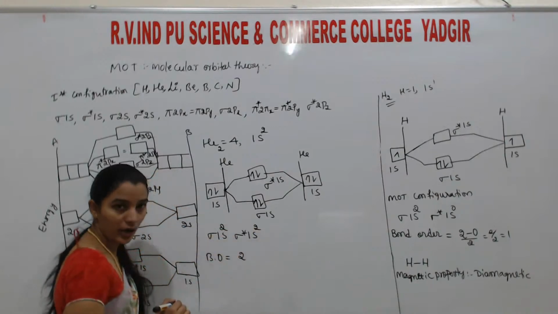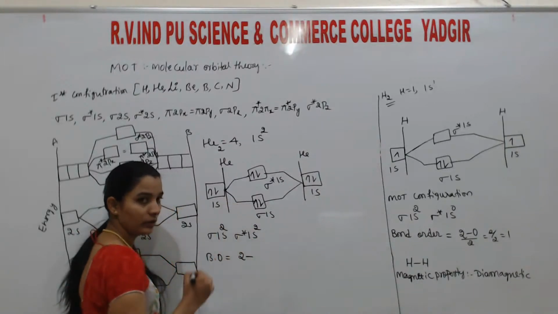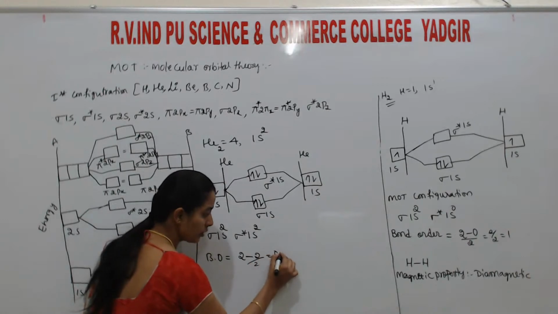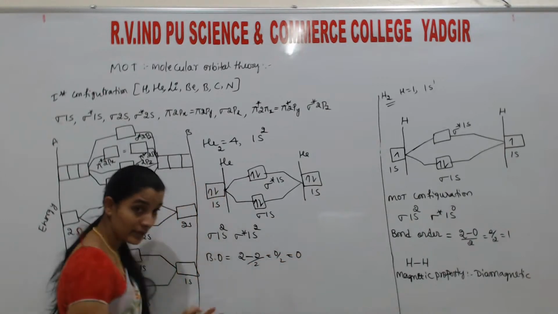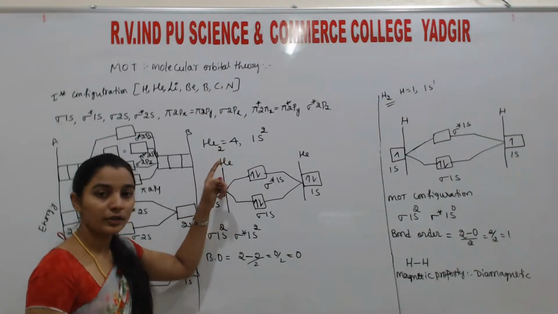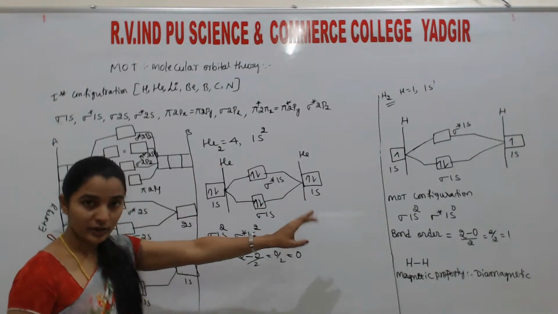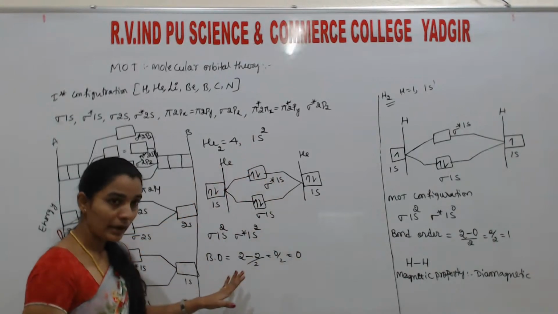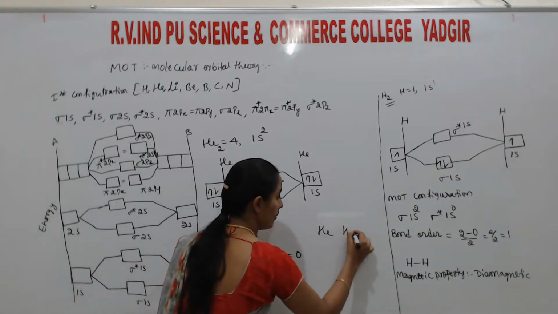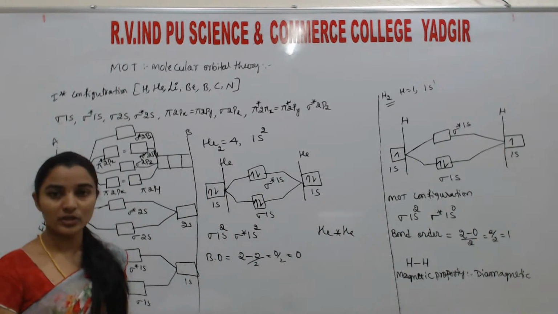Next, bond order. Bond order is equal to bonding molecular orbital electrons, 2, minus antibonding electrons, 2, divided by 2. 0 by 2 means 0. This means there is no bond in the He2 molecule. In hydrogen, one bond is there because bond order is 1. In the helium molecule, bond order is 0, meaning helium cannot form a bond.